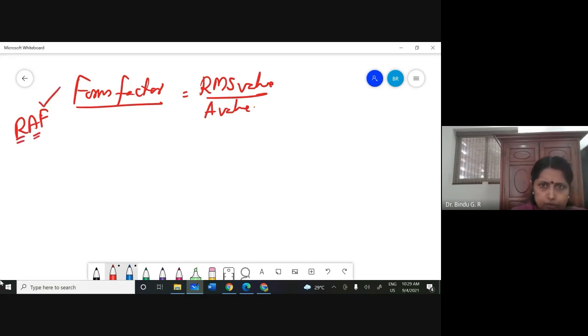So in the case of a sinusoidal waveform, let us write it in terms of voltage: the RMS value is Vm by root 2 or Im by root 2, as the case may be, divided by the average value of a sine wave, which was 2 Im by pi, or 2 Vm by pi, which you will get as 1.11.